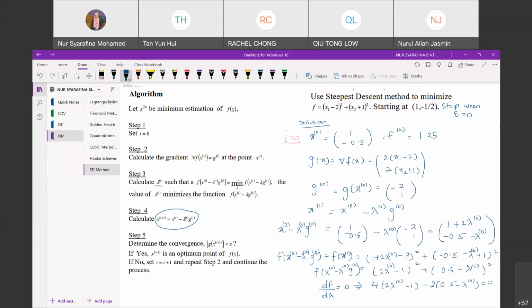Solving this will give you lambda naught equals 0.5.